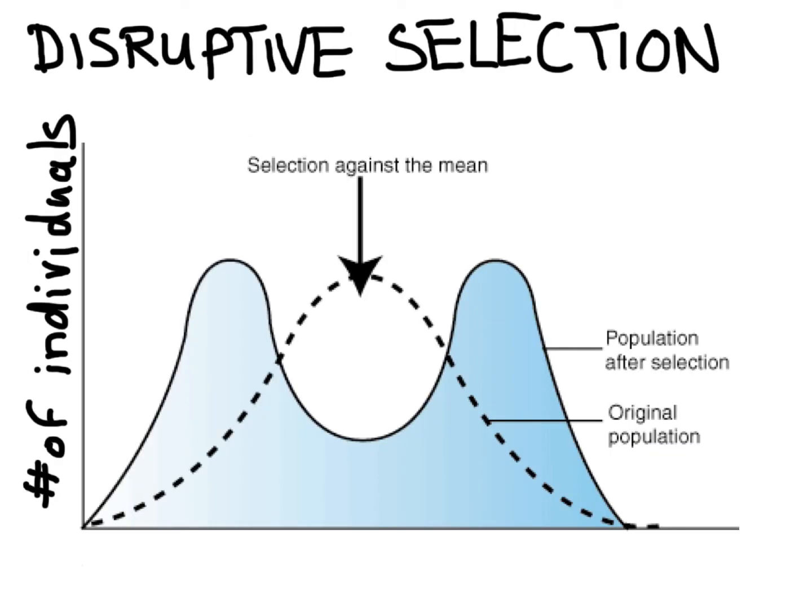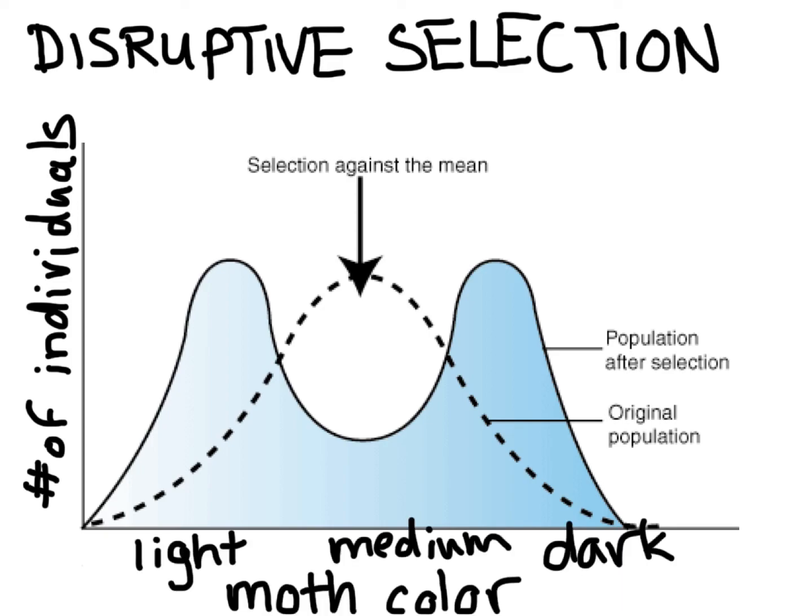Lastly, disruptive selection eventually leads to the formation of two species where there was once one. If the old species had a bell curve like this, then in disruptive selection the two extremes are both highly fit. For example, with the peppered moths, the dark-colored moths survived very well in the city where the Industrial Revolution was putting soot on the trees and causing the trees to become darker in color, so they could camouflage very well there.